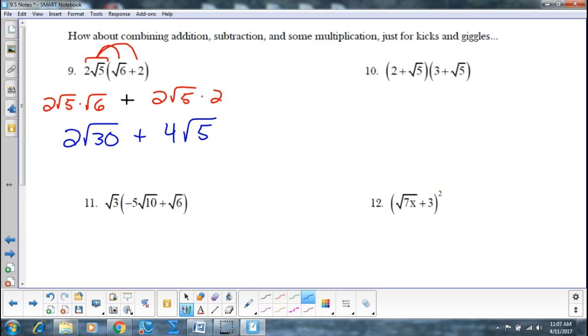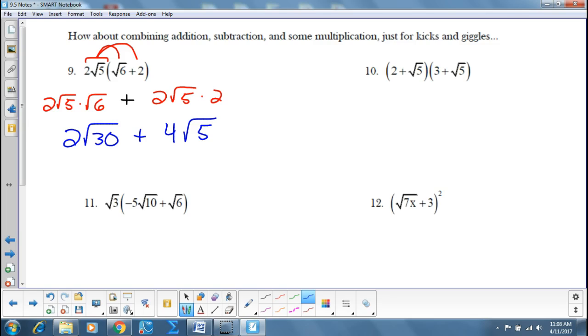So the square root of 30 cannot be factored, correct? Can the square root of 5 be factored? I'm telling you, no, it can't be factored. Well, because then we're just going to be stuck in an endless cycle. We're going to go back up.